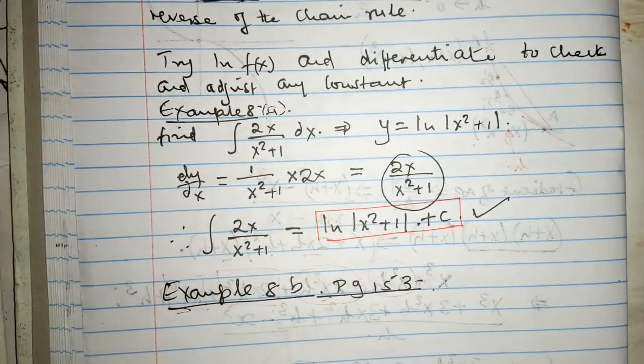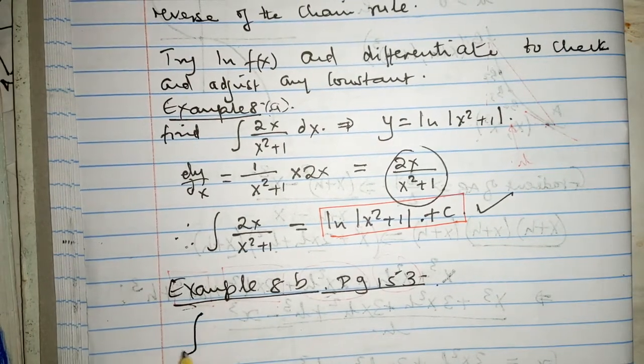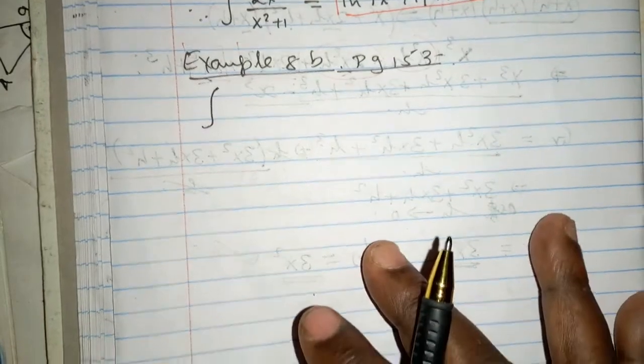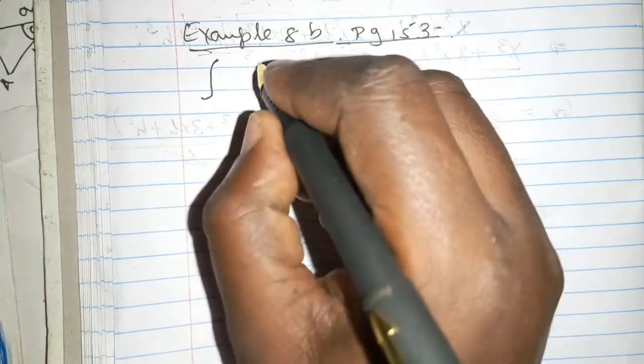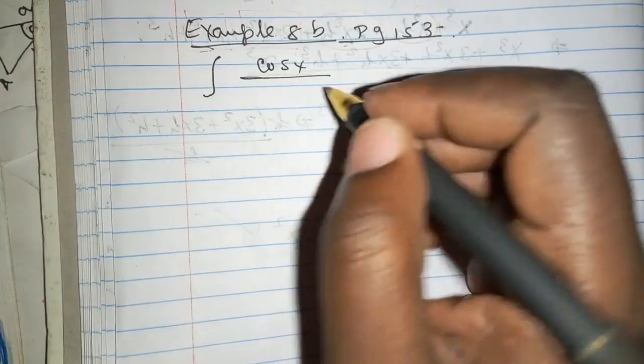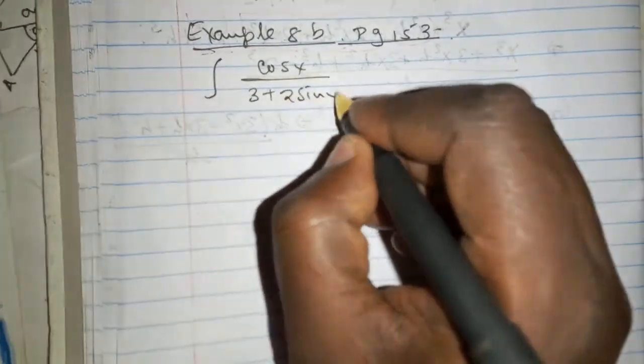So let's go to example 8 part B. In this part, you're supposed to integrate the cosine of x all over 3 plus 2 sine x.